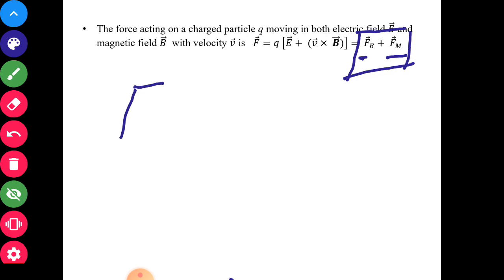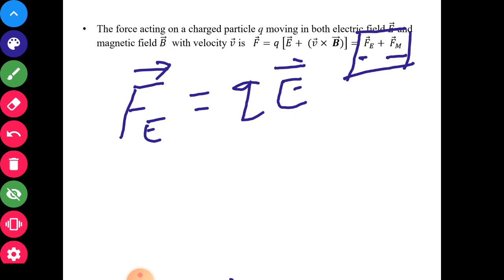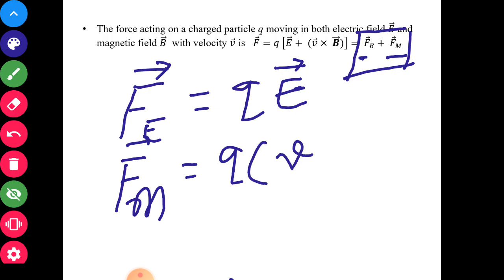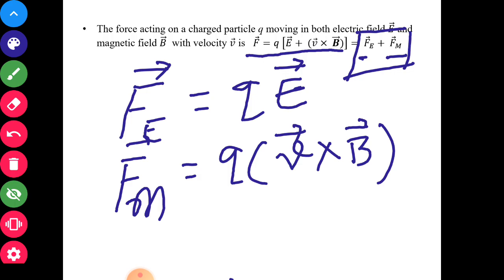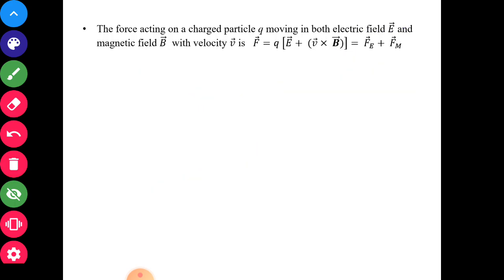As you know, Fe, that is the force due to the electric field on the charge, is given by QE, and the force due to the magnetic field, that is Fm, is given by Q V cross B. So the vector sum of both these forces will be, if Q is taken common, Q times (E plus V cross B). Okay. Now we consider the motion of charge.